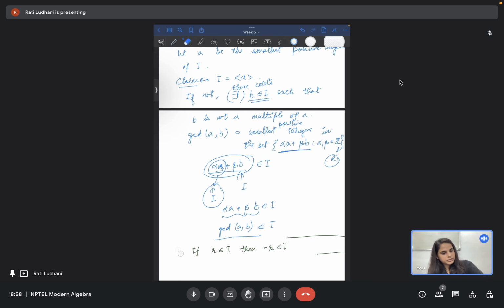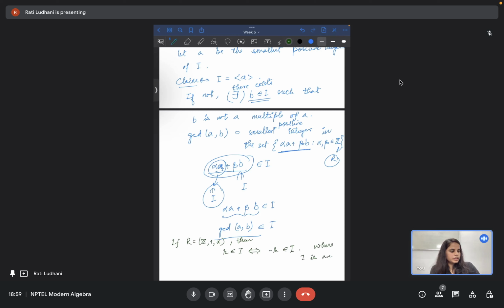Let me write it in this form: r belongs to I if and only if minus r belongs to I. So are you convinced with this fact? And I is an ideal.